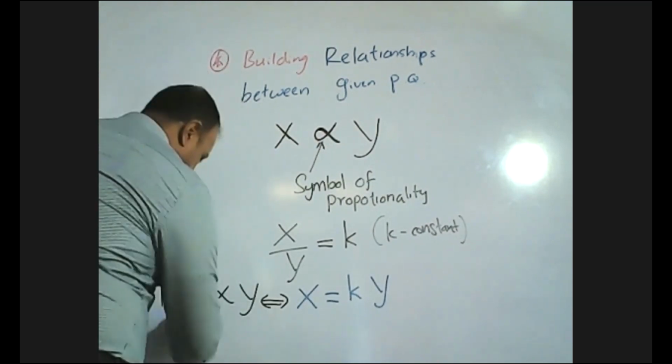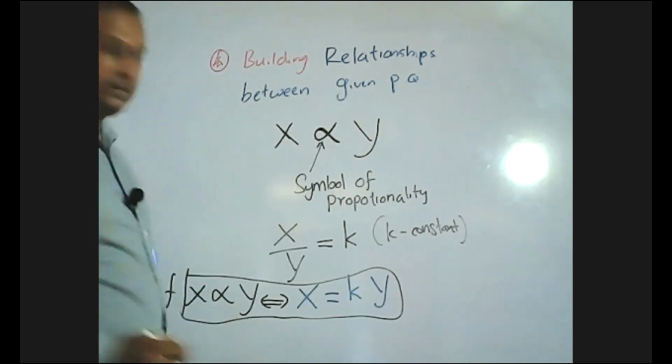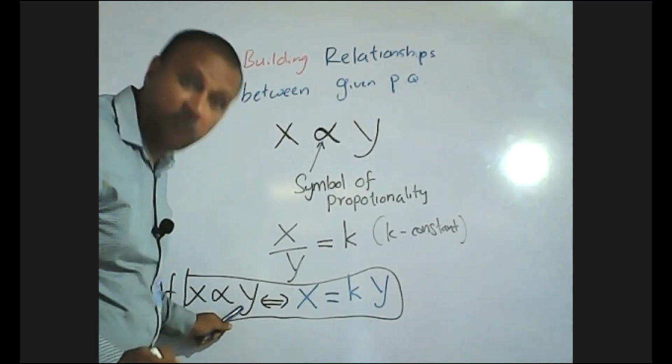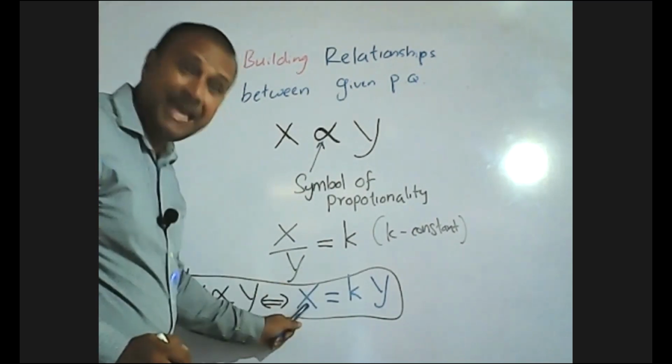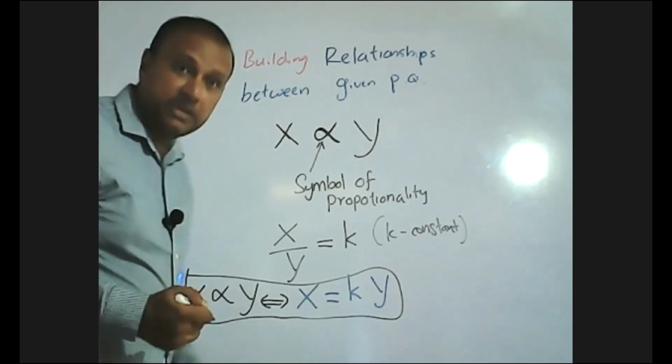So this is the definition. If x is directly proportional to y, that means x is equal to ky. K is a constant.